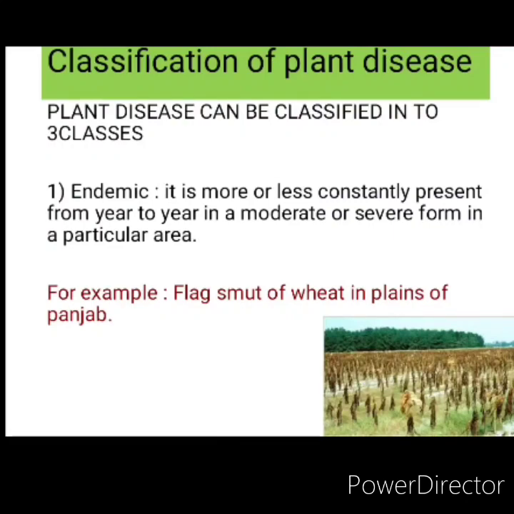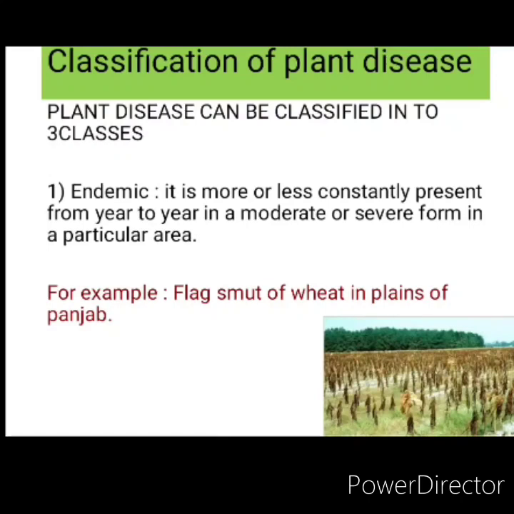The endemic disease is more or less constantly present from year to year in a moderate to severe form in a particular area. In such cases, the pathogen or virus is well established and survives from one crop season to the next in soil.